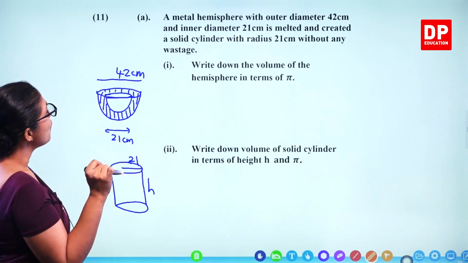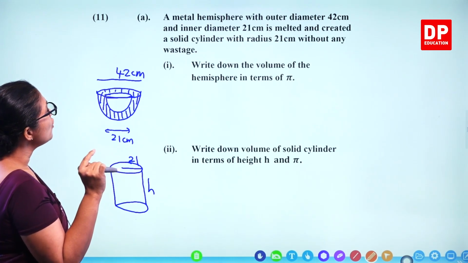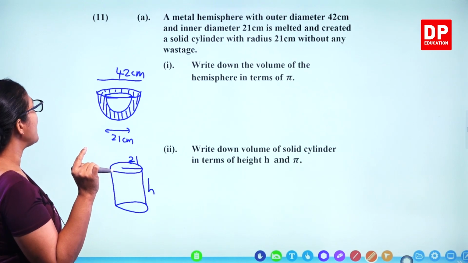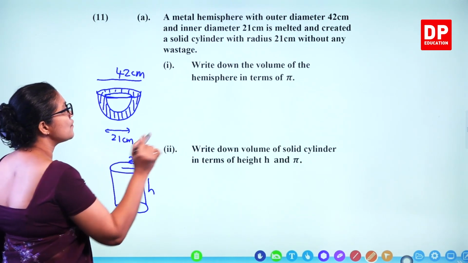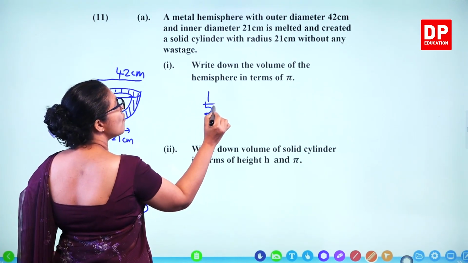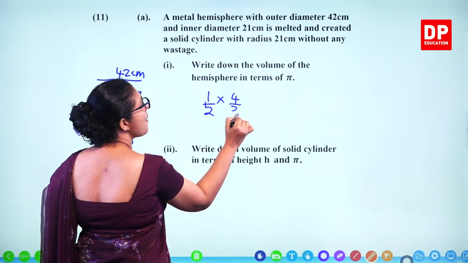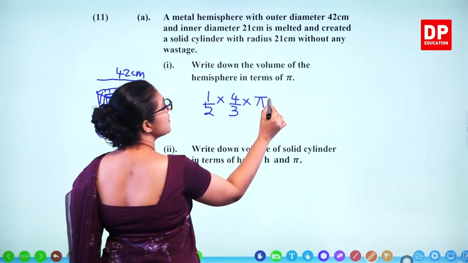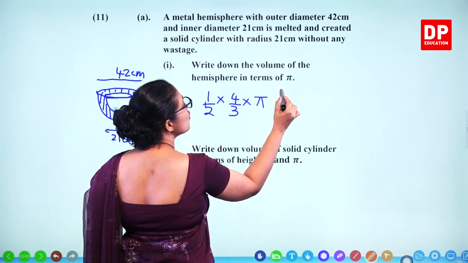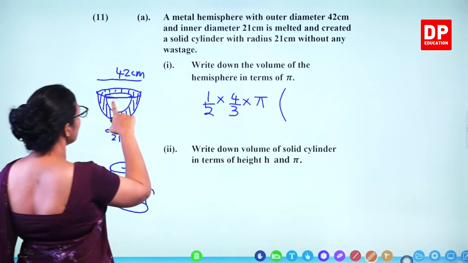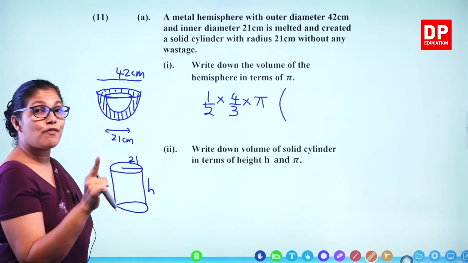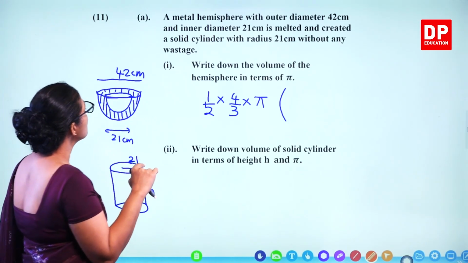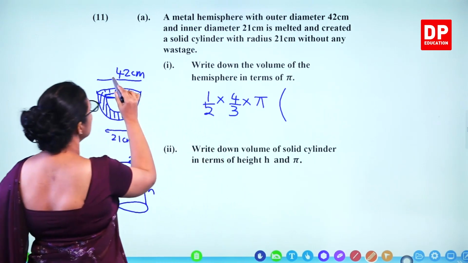So you are asked to write down the volume of the hemisphere in terms of pi. What's the hemisphere? Half of 4/3 pi r cubed. So the bigger one is diameter 42, meaning radius 21.